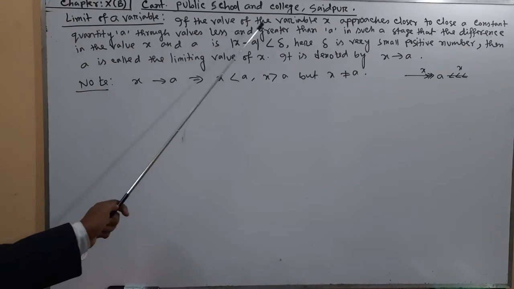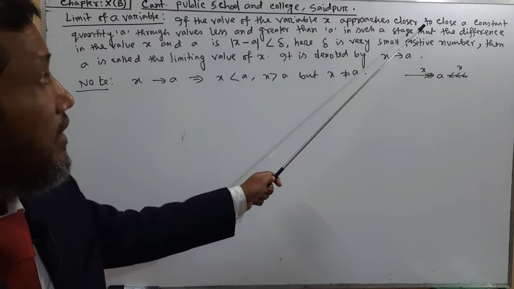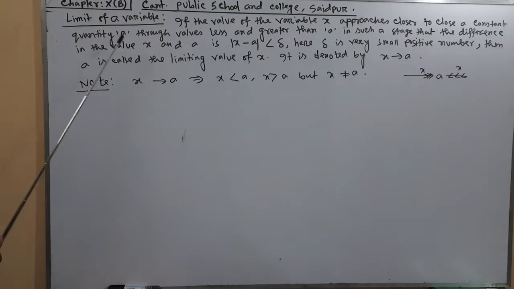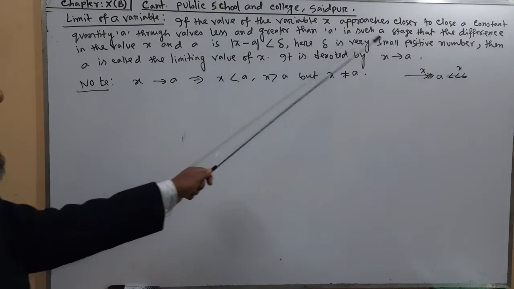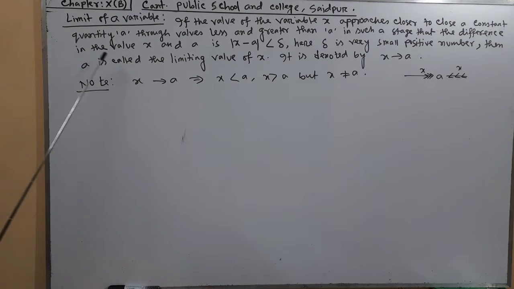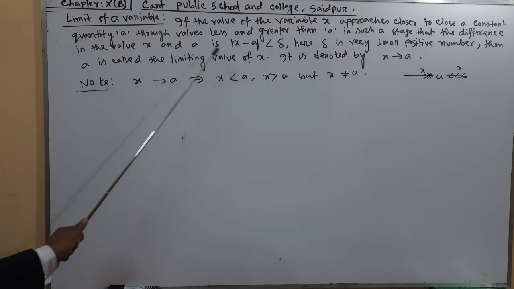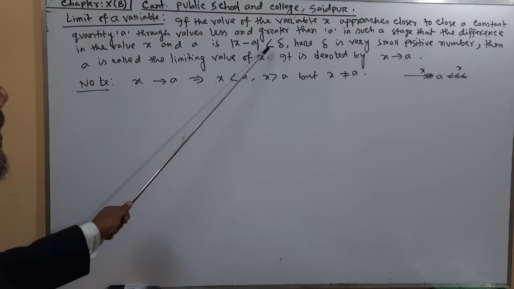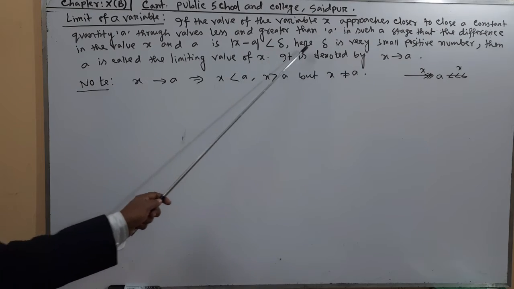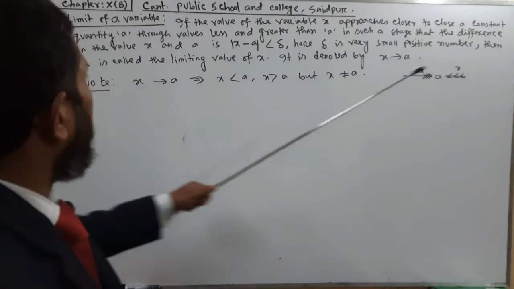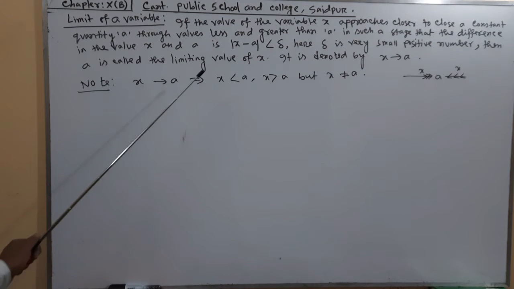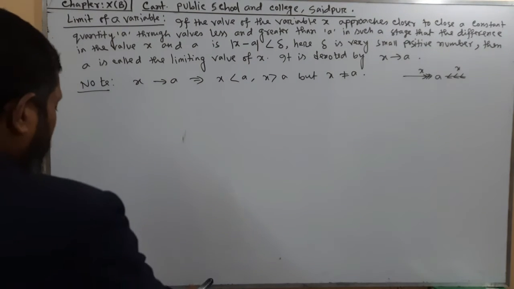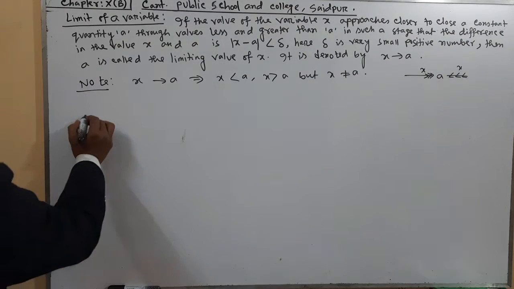If the value of the variable x approaches closer and closer to a constant quantity a through values less than a, in such a stage that the difference x minus a is less than del, where del is a very small positive number, then a is called the left hand limit of x.